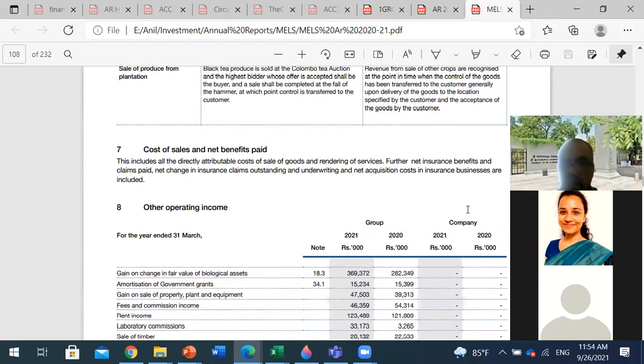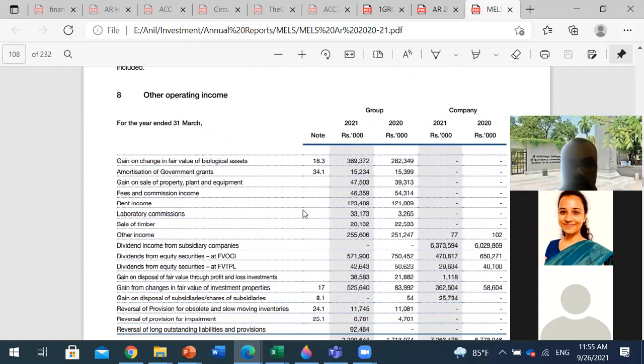These are the other operating income. If you go down the line, mainly dividends, right? You're right. Dividend income coming from subsidiaries is huge. So the subsidiaries are distilleries or what? Yes, mainly distilleries, and there are some more companies, LMF also.